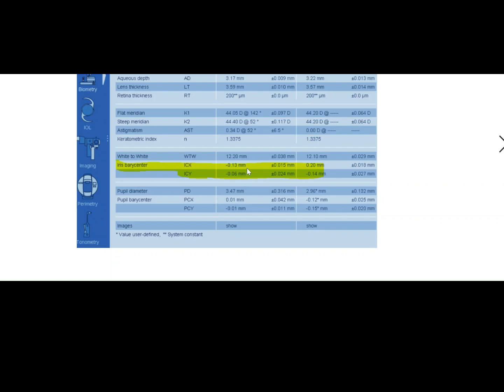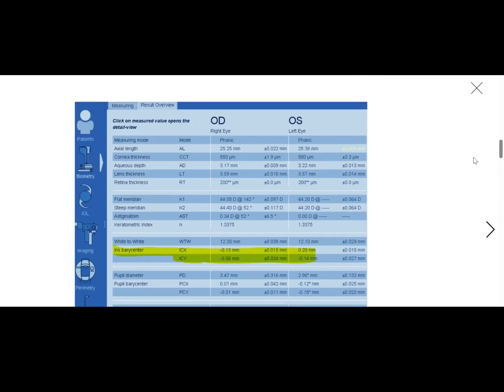Now, regardless of plus or minus, if you add these x and y coordinates and see that it is less than 0.5, then you are okay. But if it is more than 0.5, say 0.7 or 0.8, then you know that there is a major decentration in the eye, and there would be some amount of residual astigmatism post toric implantation.